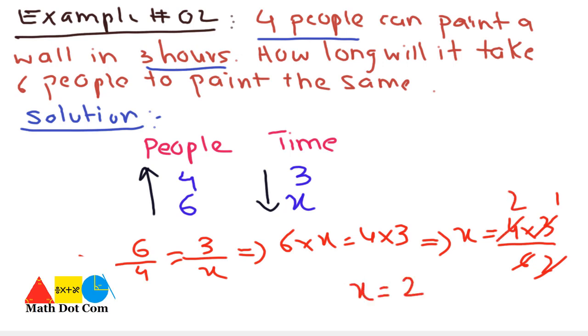It means 2 hours will be required to paint the wall by using the labor of 6 people. So by increasing the number of people, the time has decreased. This is how we can solve inverse proportion by using the proportion method. Let's take another example.